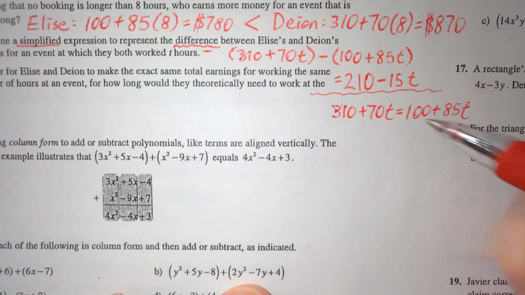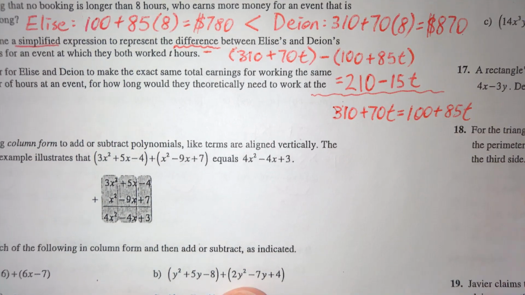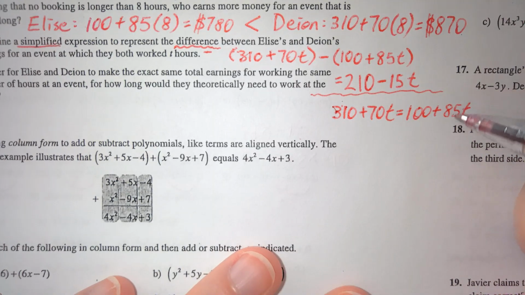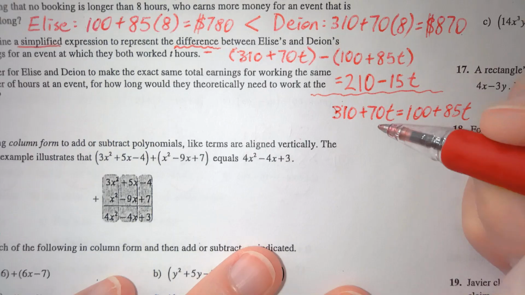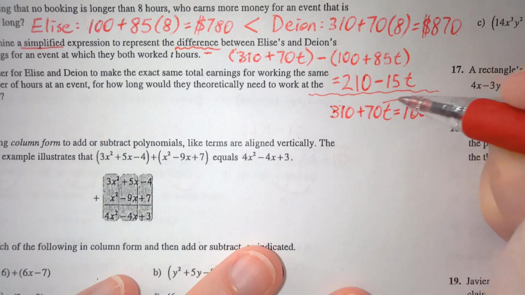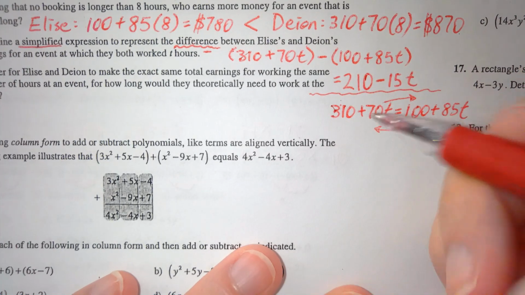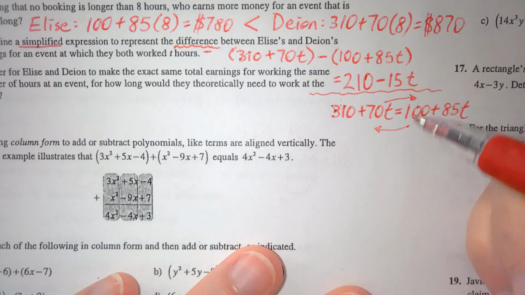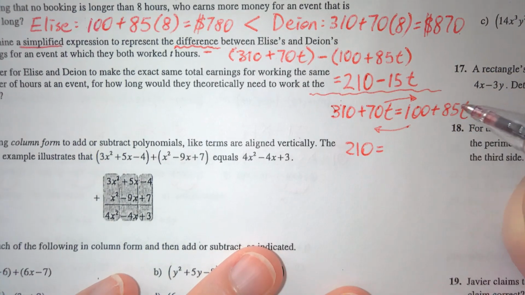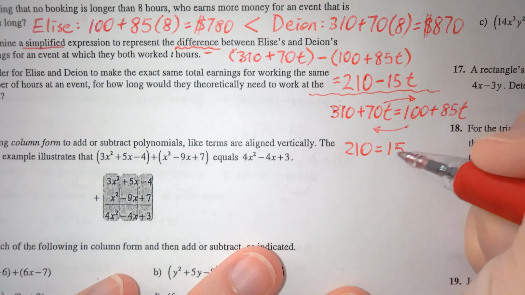So later on in this course, we will learn how to solve this. But if you're interested in solving now, you can. What you would do is move all the variables to one side and move all the numbers to the other. So in this case, I'm going to move that 70 over to this side, and I'm going to move the 100 over to this side. So 310 minus 100 is 210. And then 85t minus 70t is 15t.